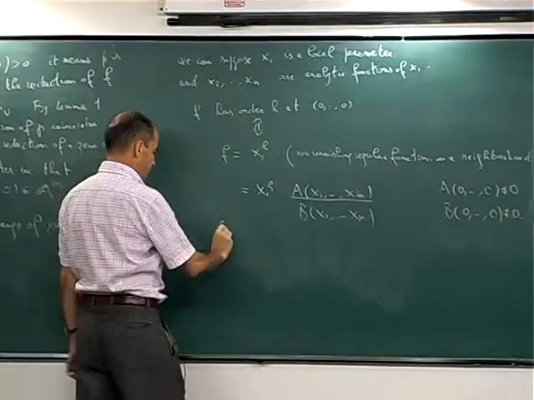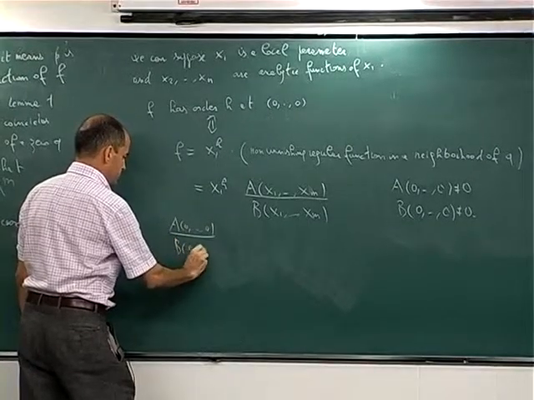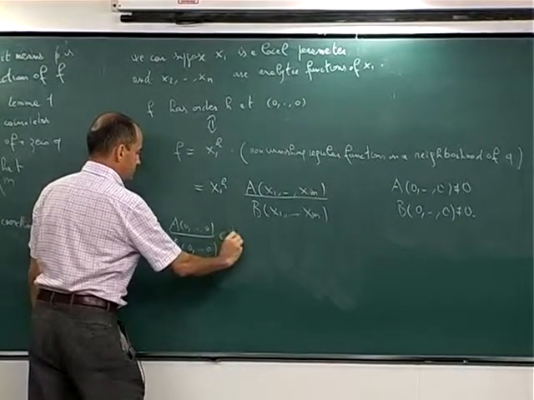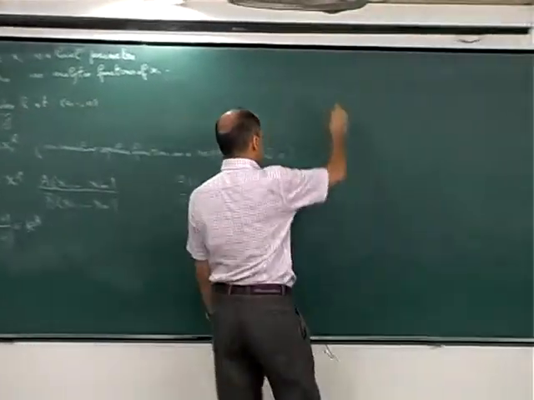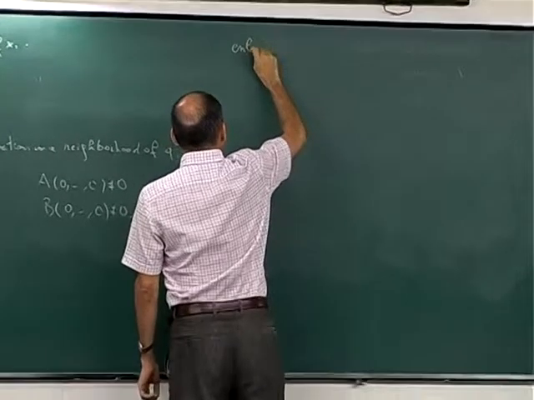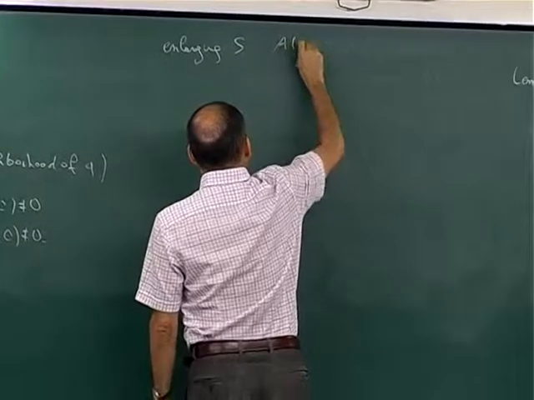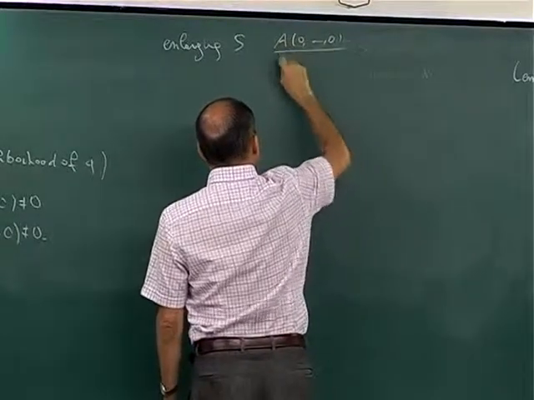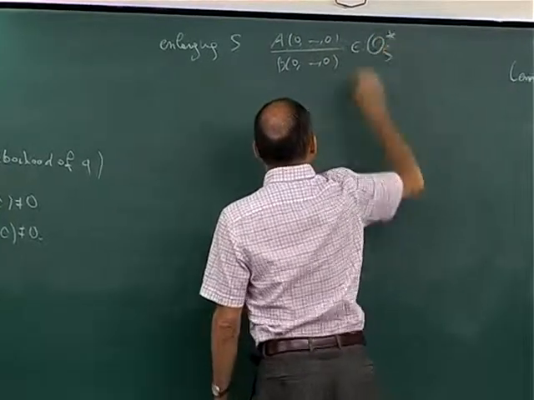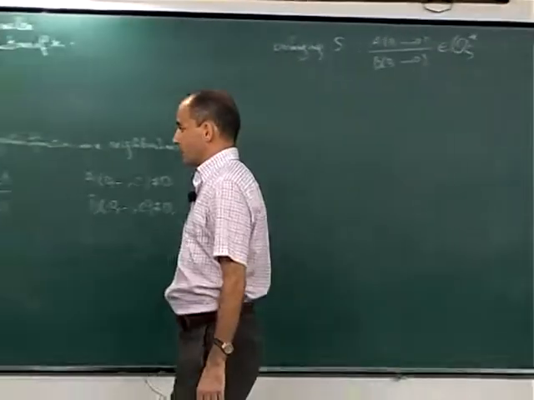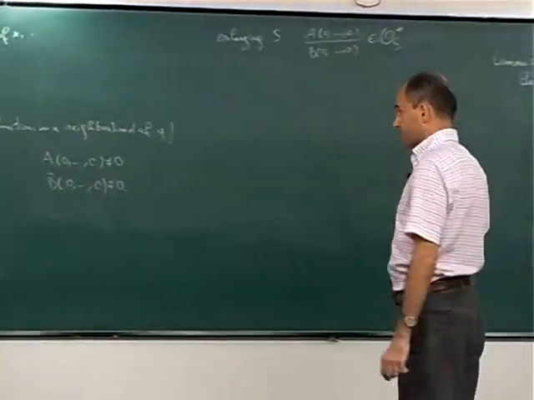So a of 0 over b of 0 is in K star, and so enlarging S, a of 0 over b of 0 becomes an S unit. I mean that I put in S all the primes dividing the numerator and denominator.